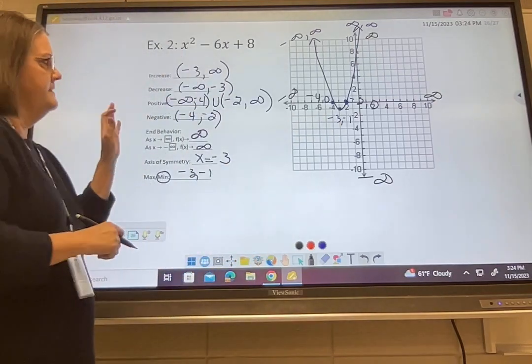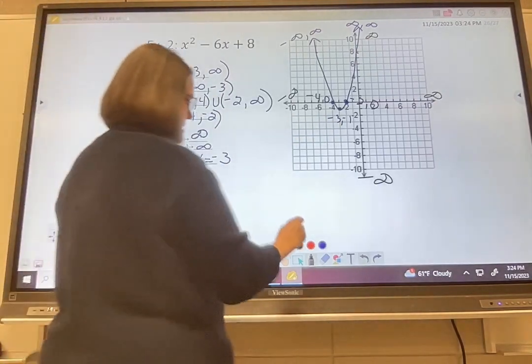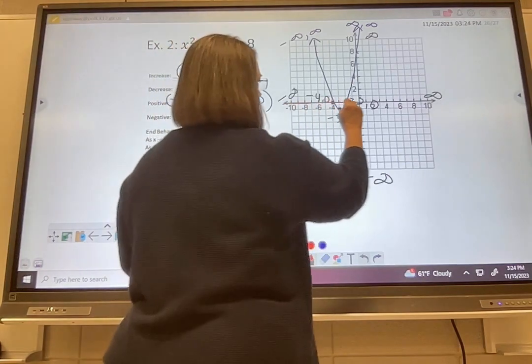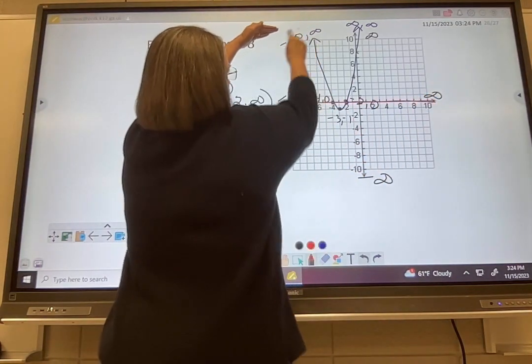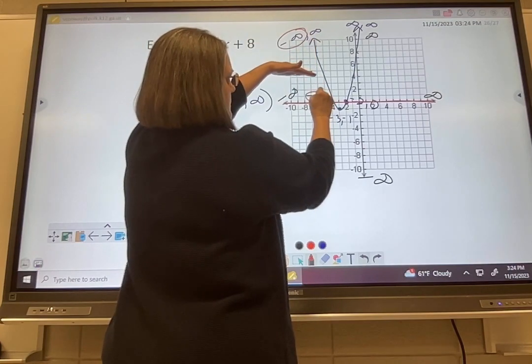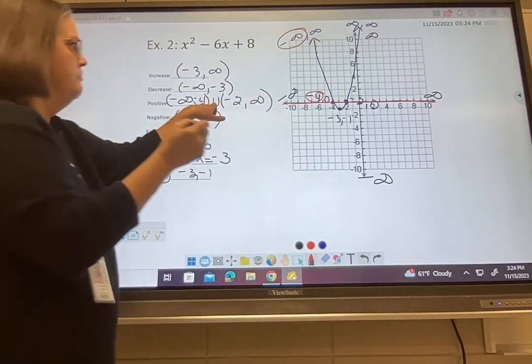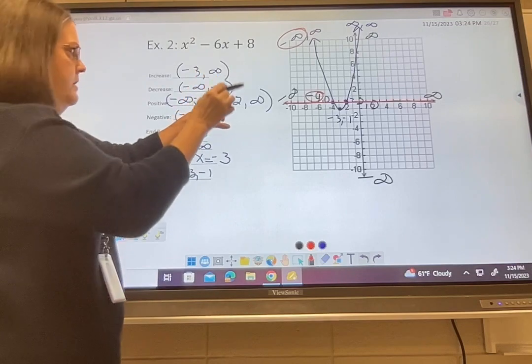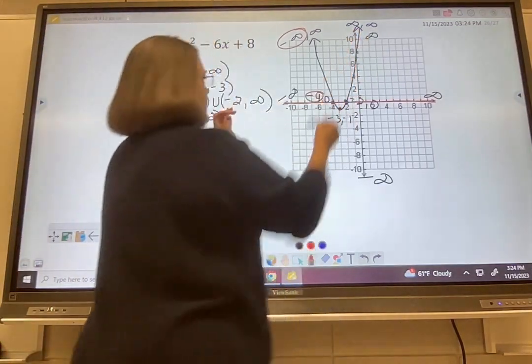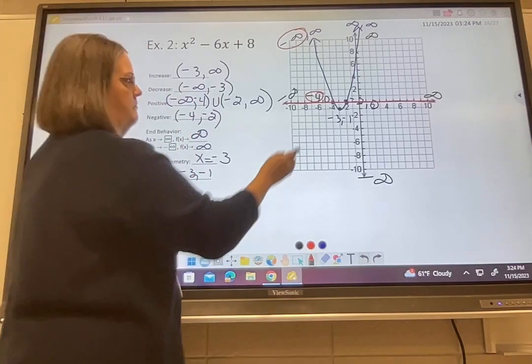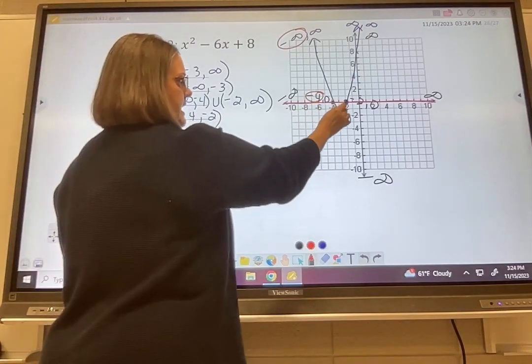It is positive. Now that's everything above the x-axis. So it is positive from negative infinity to -4, and then we say union, because we got more of it over here, -2 to infinity. It is negative from -4 to -2.